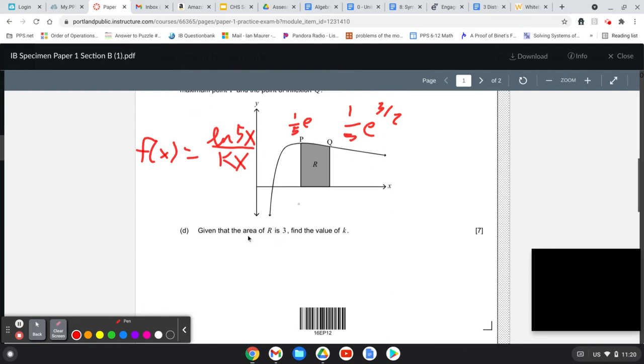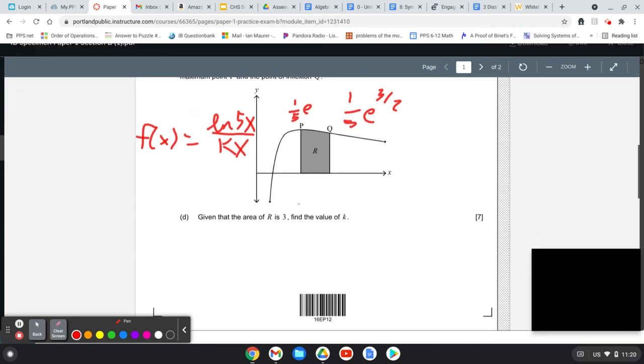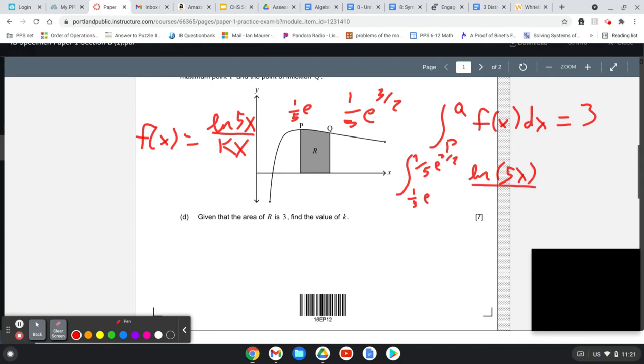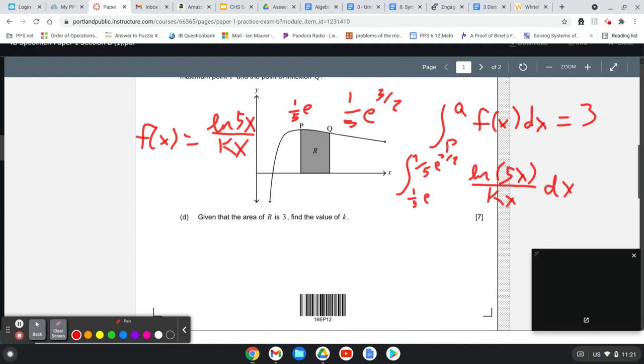So we're doing the integral from P to Q of f of x dx. And it even tells us the area is equal to 3. So when we set that up, we have the integral from 1/5 e to 1/5 e to the 3 halves of natural log of 5x over kx dx, and that's going to equal 3.